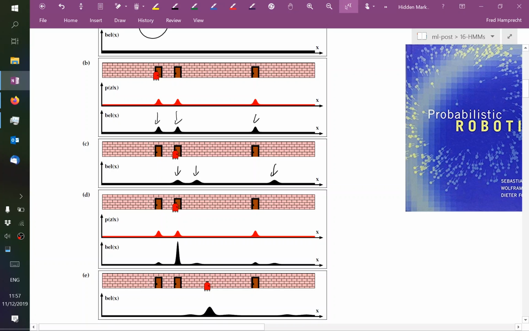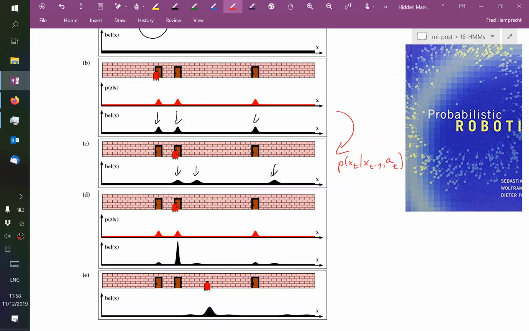It was the step from here to there. We are interested in the probability of xt given our distribution over states that we think we might have been in at time t minus 1 and some action that we have taken. So the robot moved to the right. Between here and here it moved to the right, so the distribution has shifted to the right, and we observe this broadening of the peaks.